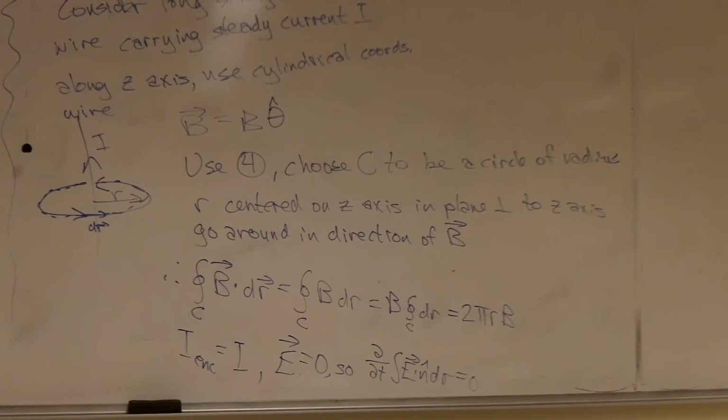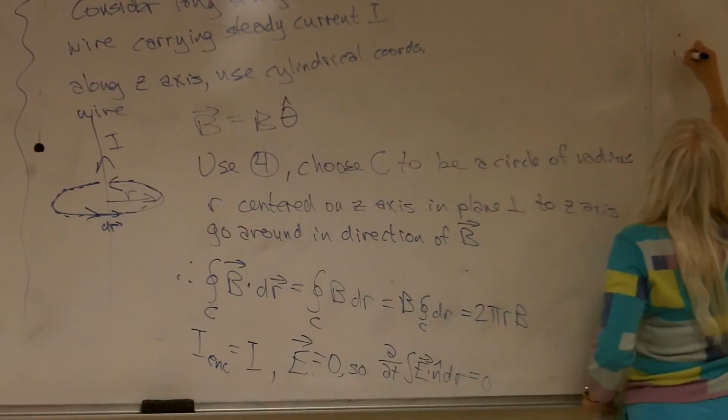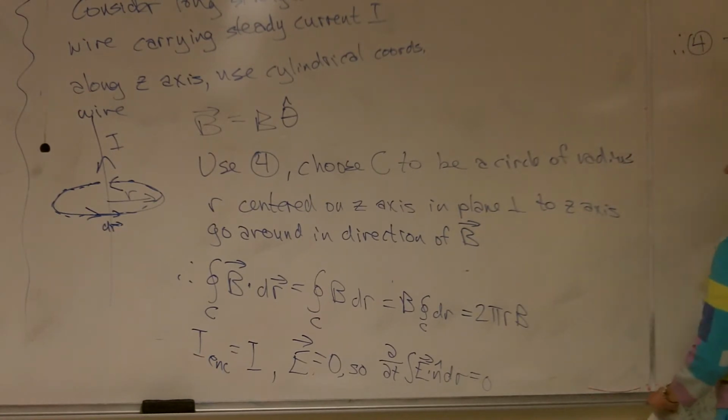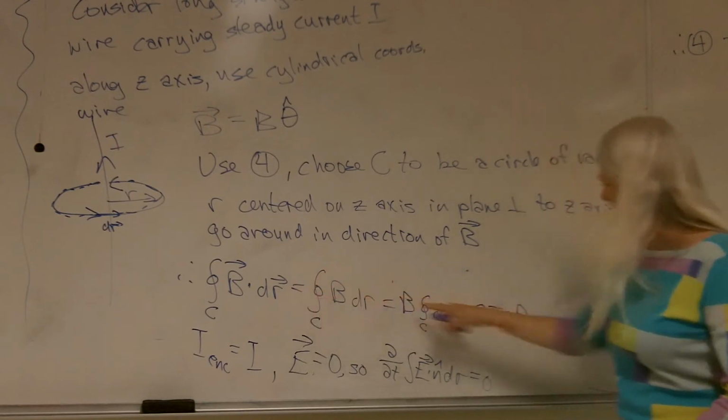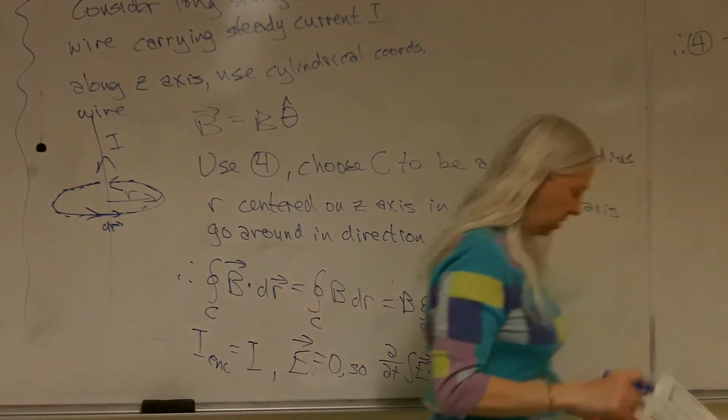So in this case, the Ampere-Maxwell law tells us that the integral on the left-hand side, which we've evaluated and found to be equal to 2 pi r times B, is equal, on the right-hand side, to mu naught times the enclosed current I, and the second term on the right is 0.